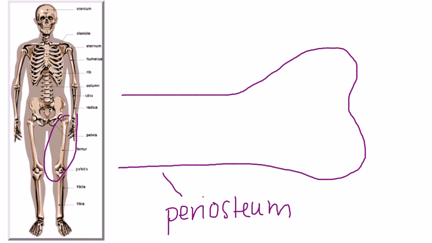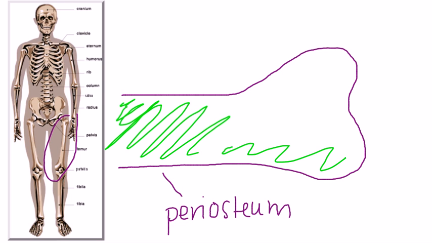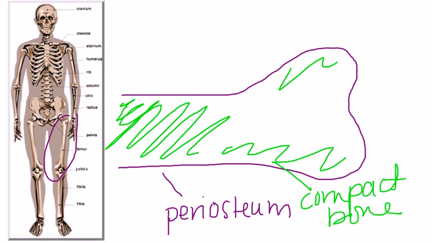Right underneath the periosteum, and this is going to be a very colorful bone, I have my compact bone. When you look at a skeleton, this is what you're actually seeing, that compact bone. It is smooth, hard.